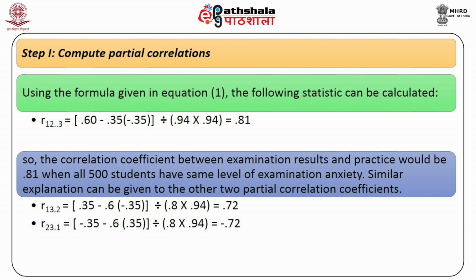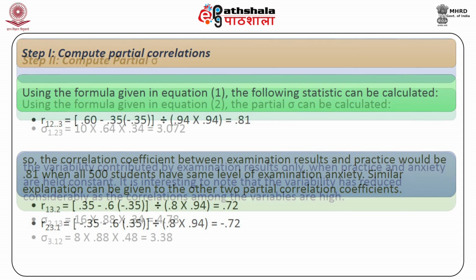The correlation coefficient between variables 1 and 3 when the effect of the second one has been partialed out is obtained to be 0.72, and the correlation coefficient between variables 2 and 3 when the effect of the first variable has been partialed out turns out to be minus 0.72.